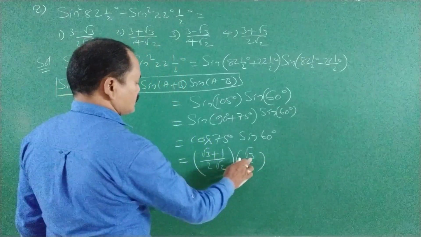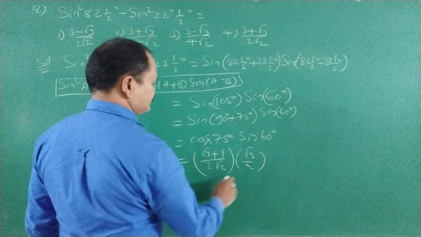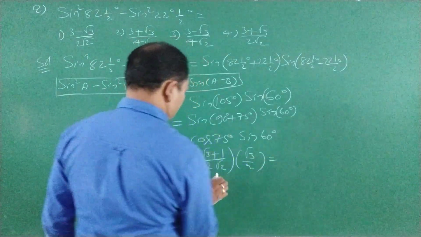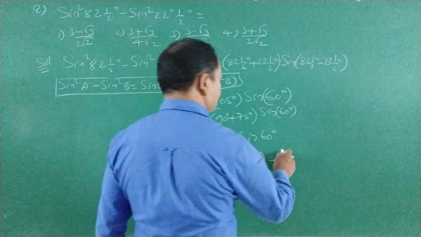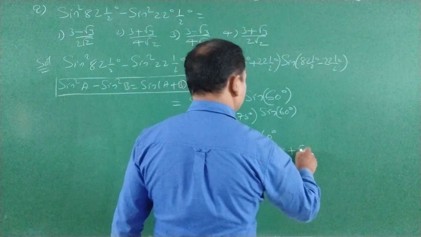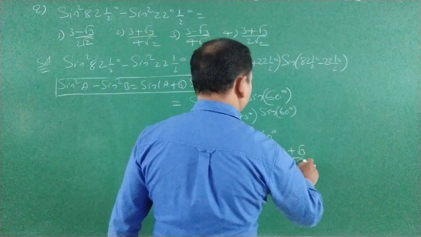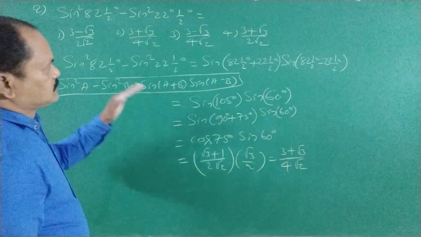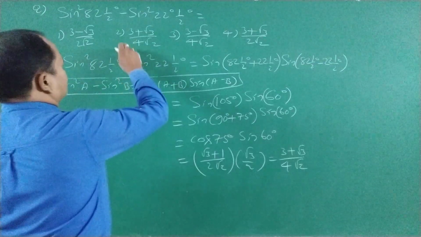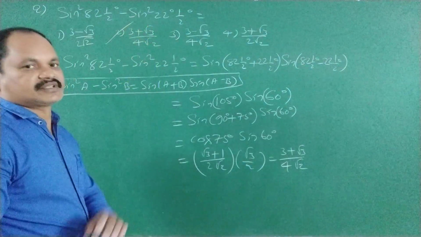Root 3 into root 3 is 3, so we get (3 plus root 3) by 4 root 2. That's right. So the answer is (3 plus root 3) by 4 root 2. Second option is the right answer.